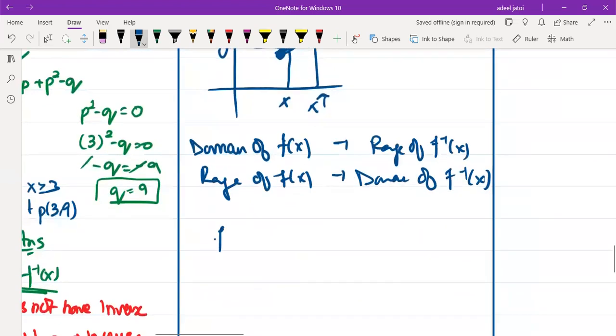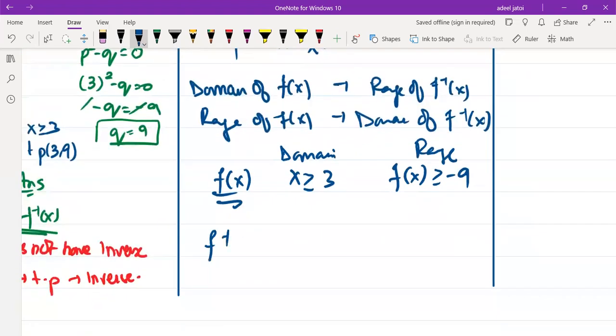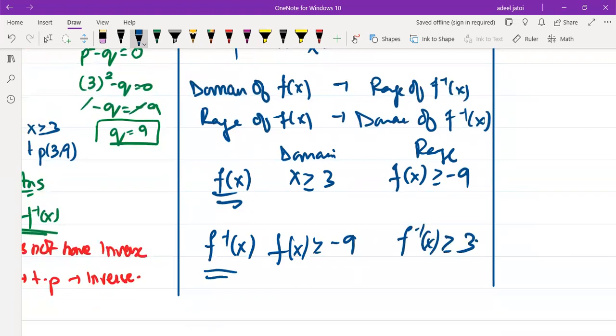So your f x had two values: x is greater than or equal to 3 and f x is greater than or equal to -9. This is your domain and this becomes the range of f x. But if you look at f inverse of x, the domain will be x greater than or equal to -9 and f inverse of x will be greater than or equal to 3. So for f inverse of x, this becomes your domain and this becomes your range.